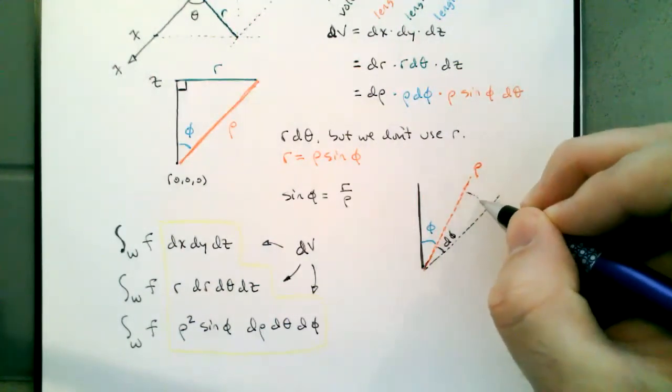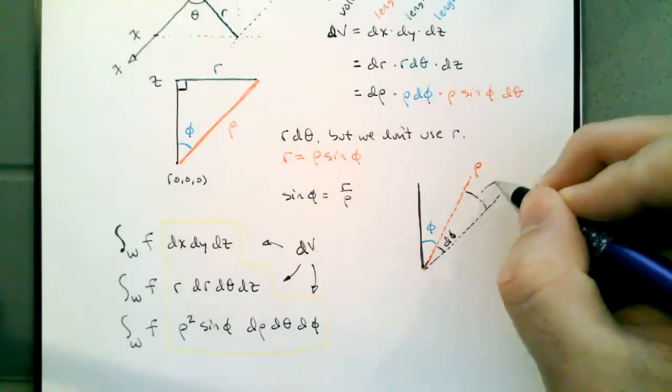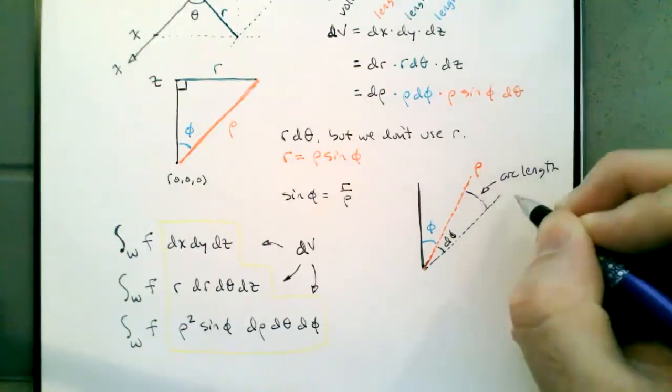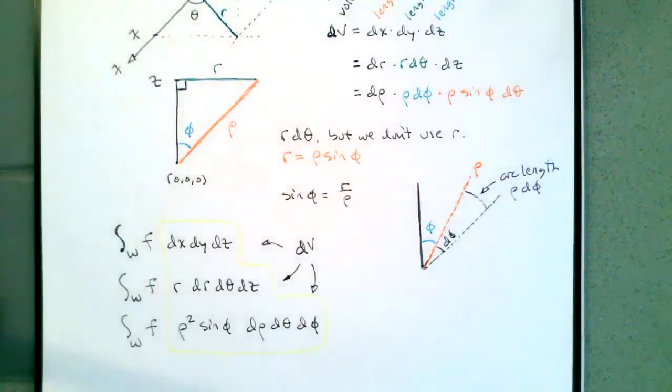We're going to use this arc length as the length of one of the sides of this rectangular solid.